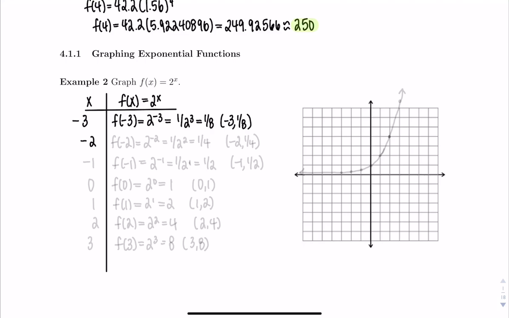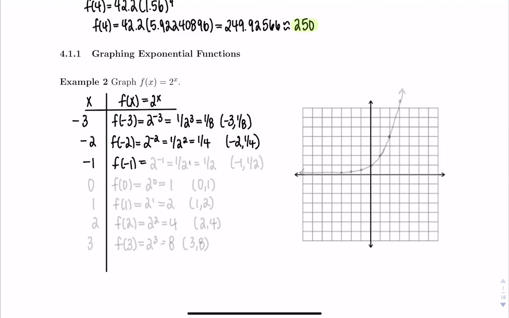So we have the point -3, 1/8. Let's plug in -2. So f of -2 is 2 to the -2. But again, we don't like negative power, so we're going to flip it to the bottom, and we end up getting 1/4. So -2 and 1/4. Let's plug in -1.